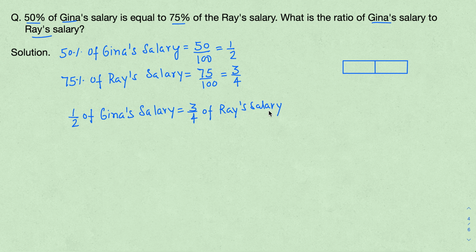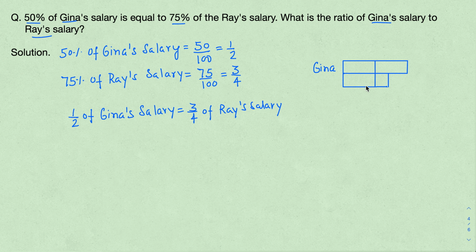Okay, Ray's salary. Now what do we have here for Ray's salary? We have 4 units, but we have to make sure that the 3 units of Ray's salary is equal to 1 unit of Gina's, right? So we have to draw our model carefully in such a way that 3 units of Ray's salary is equal to 1 unit of Gina's salary.